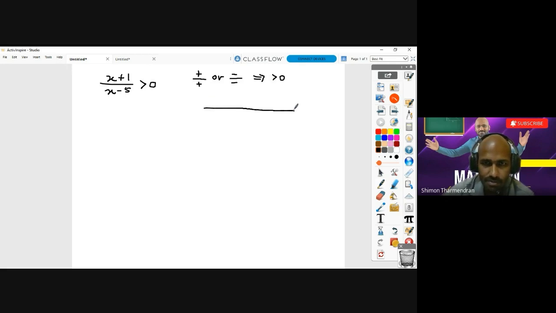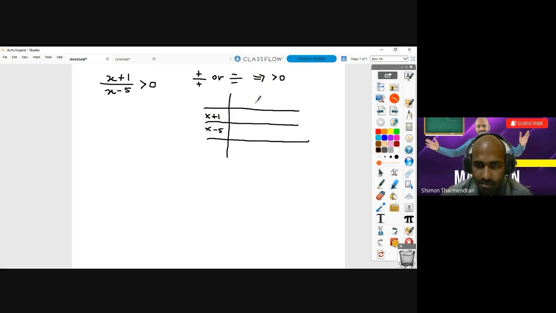I'm going to show you how division can also become multiplication in a bit. So if I draw a table here, I have x plus 1 above, x minus 5 below, and then we go by the roots. The smaller root is -1, the bigger root is 5.